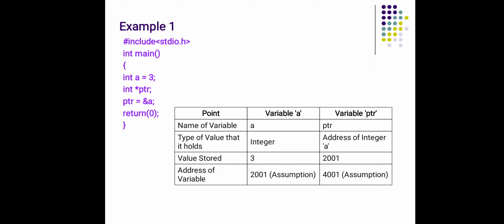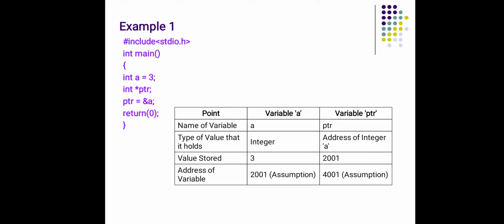Here we have two variables. The name of one variable is a, a simple variable, and another variable we are using is ptr. The type of value that it holds is an integer, but ptr holds the address of integer a.